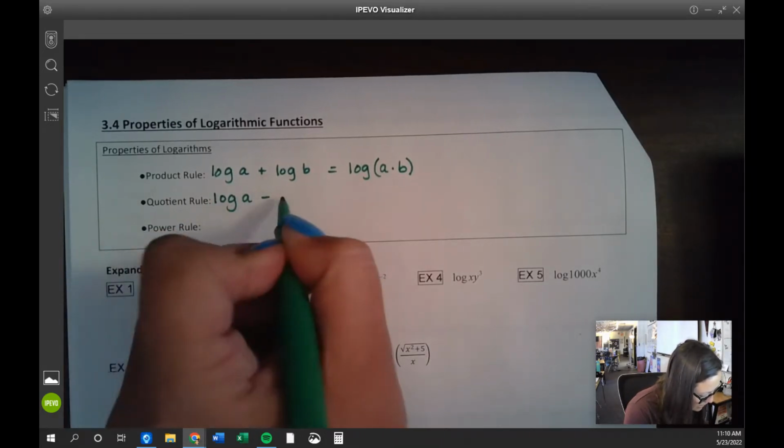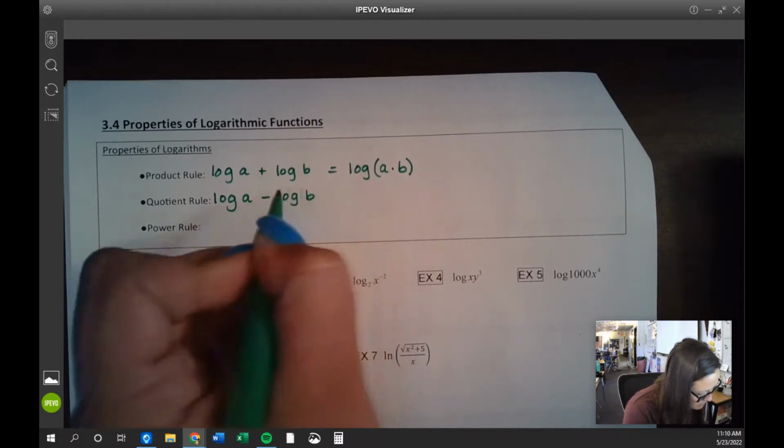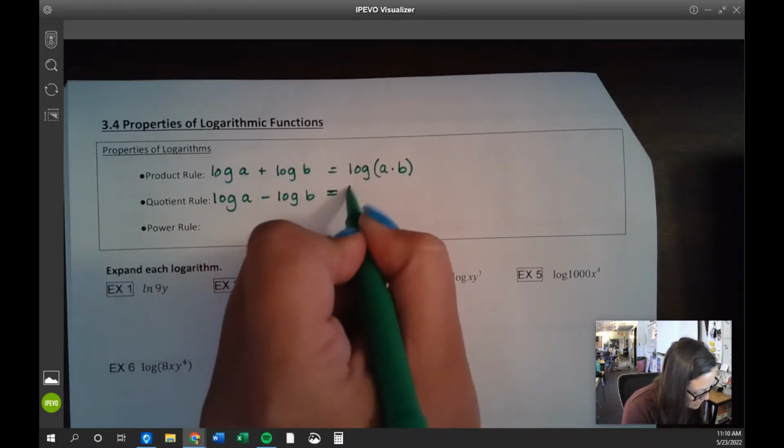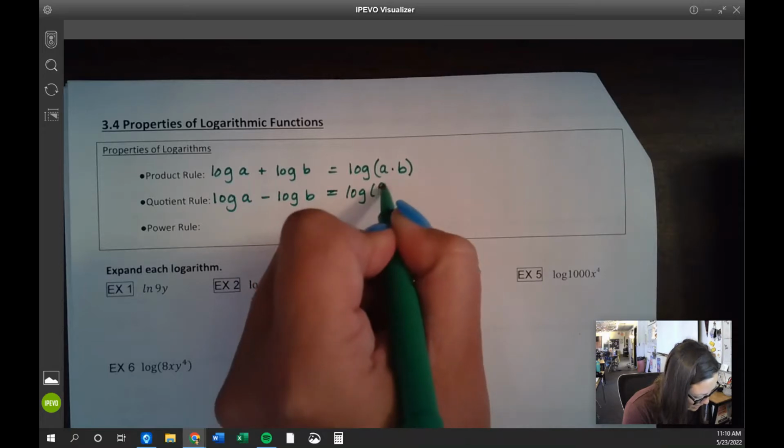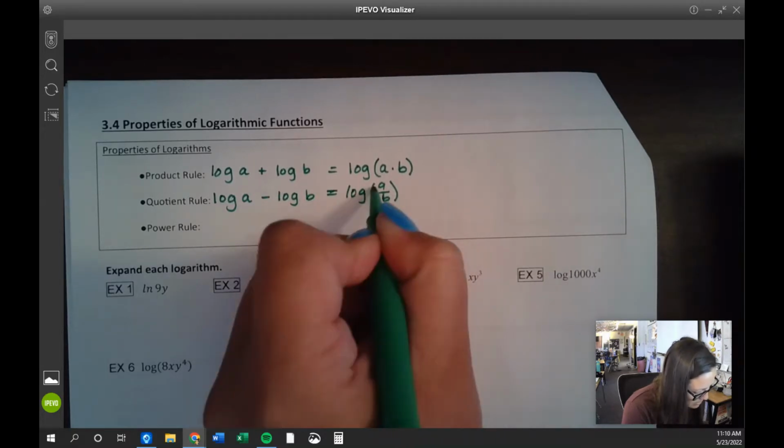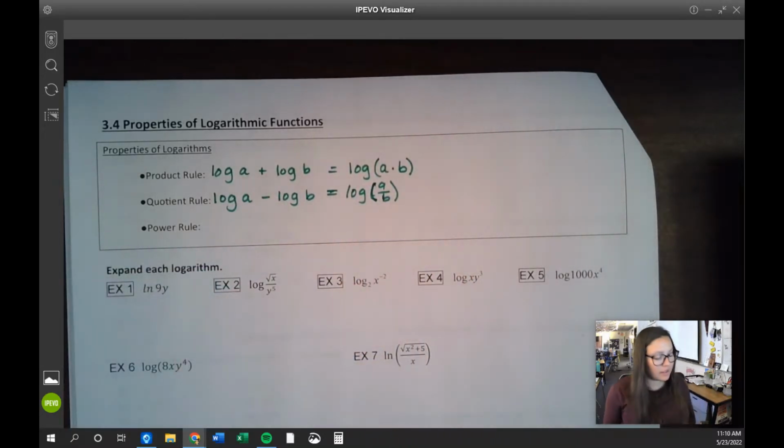If I do the log of A minus the log of B, that would be the same as if I did the log of A divided by B. And one way that might help you remember this is logarithms are very much related to exponents, right? And if I have two powers that are being divided, we actually subtract the exponents. And if I have two powers that are being multiplied, I add the exponents.